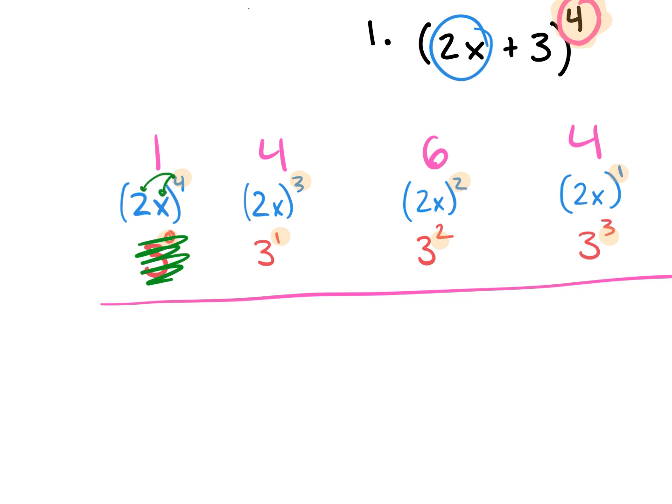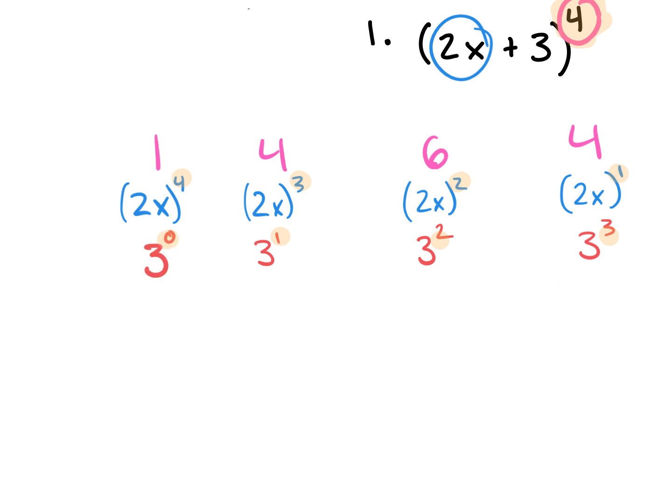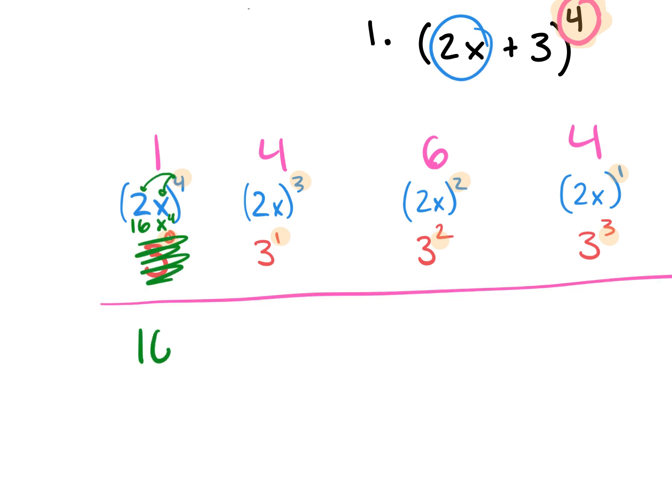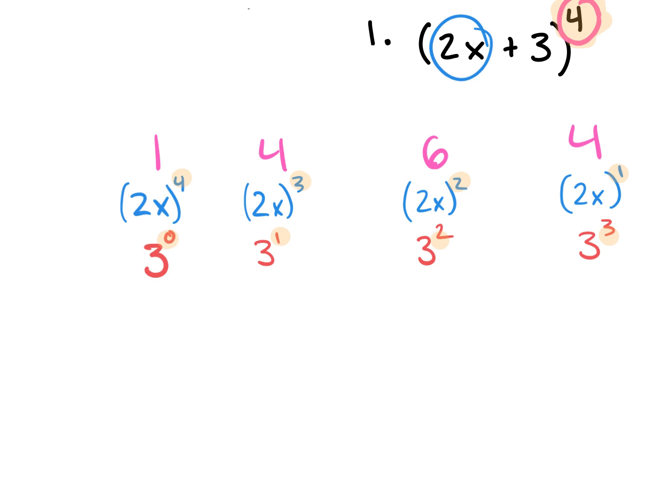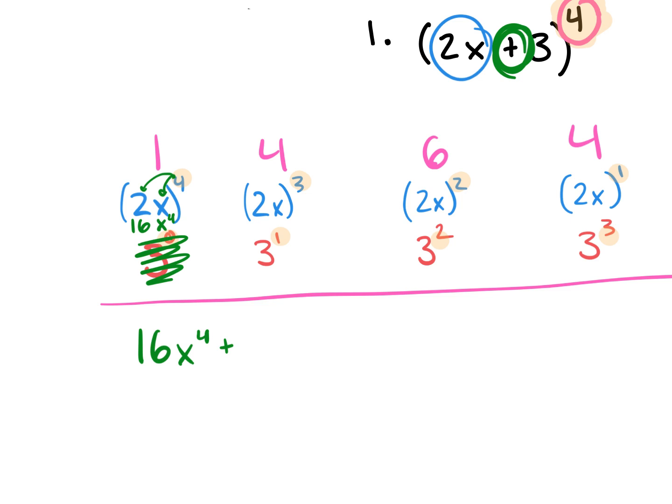What's 2 to the power of 4? 16. And x to the power of 4 would be x to the 4th power. So 16x to the 4th power times 1 is 16x to the 4th power. Now we have a plus sign in the middle, so that means all of our terms are going to get a plus sign in the middle.